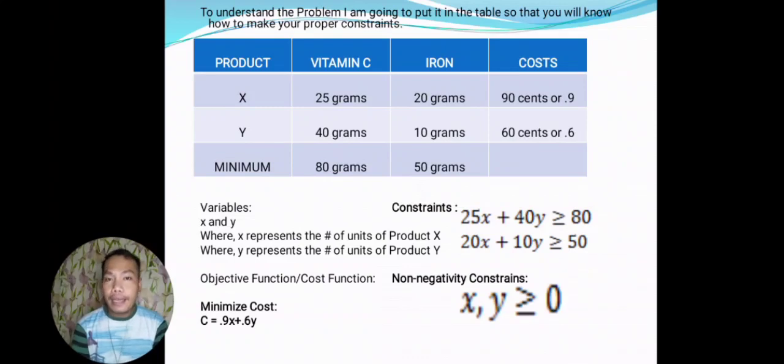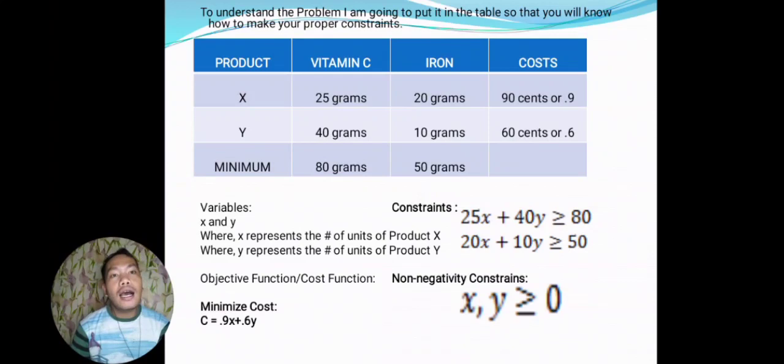Our product X contains 25 grams of vitamin C, and the iron contains 20 grams, and then the cost of our product X is 90 cents or 0.9. And then our product Y contains 40 grams of vitamin C, and the iron contains 10 grams, and 60 cents or 0.6 is its cost.